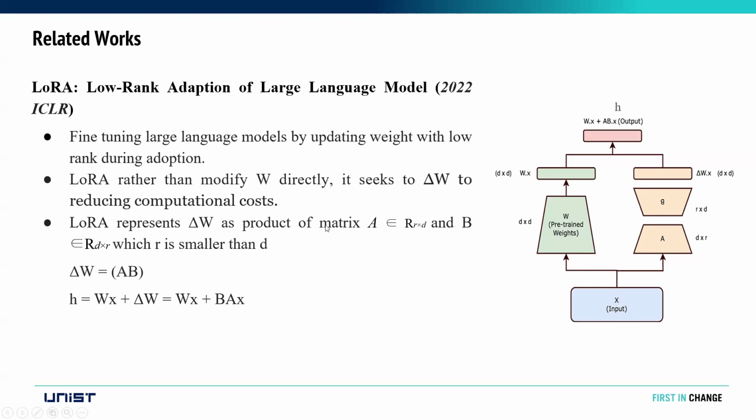If we compute the total parameters of each weight, we can see that if we fine-tune the large language model with the pre-trained weights, the number of parameters would be D by D. But if we fine-tune only the delta W, the total parameters would be 2 times R times D. So we can see that LoRA uses only a few parameters for adding a new skill to the large language model.